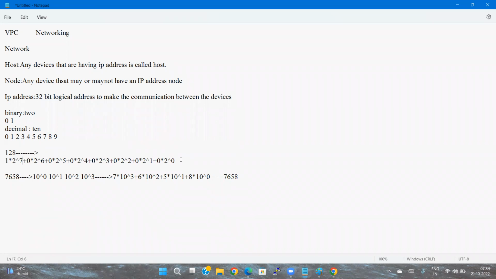So finally the output will be 1 0 0 0 0 0 0 0. This is how you get the 128 value.